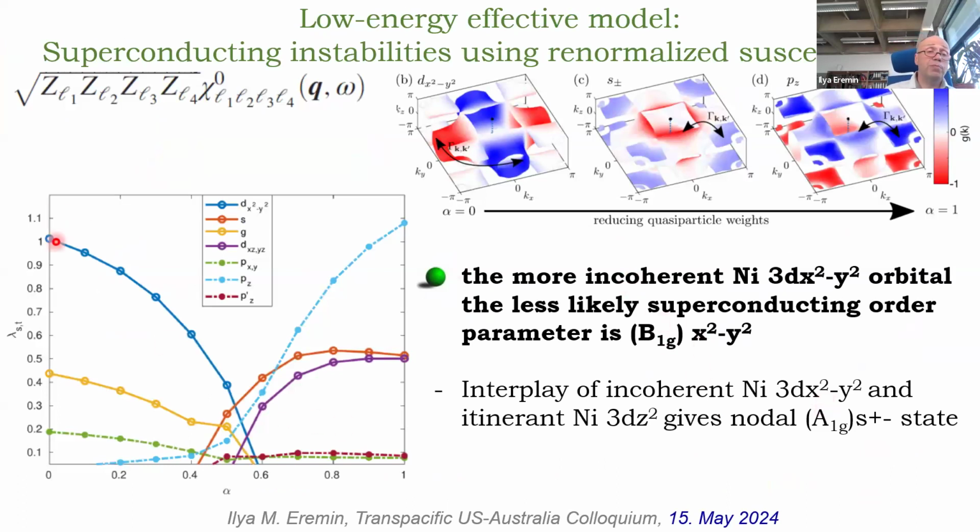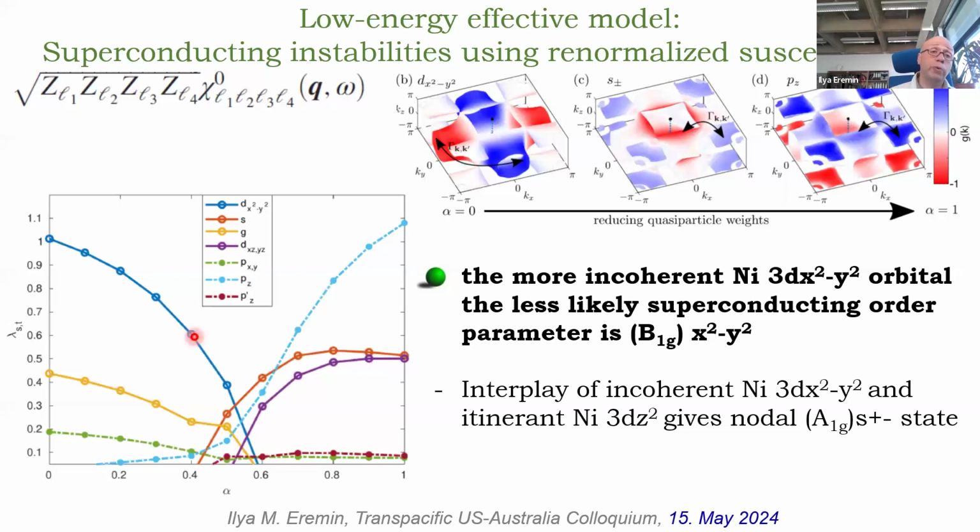So, we did the calculation for the system without yet knowing the ARPES data. At that time, we looked at what happens if you have both d_{x²-y²} and d_{z²} orbitals and apply the same mechanism that I already introduced to you, which needs to be just extended to the multi-orbital case. And of course, as soon as you have mostly d_{x²-y²} dominant and coherent, you will get the d_{x²-y²} orbital to be present at the Fermi surface.